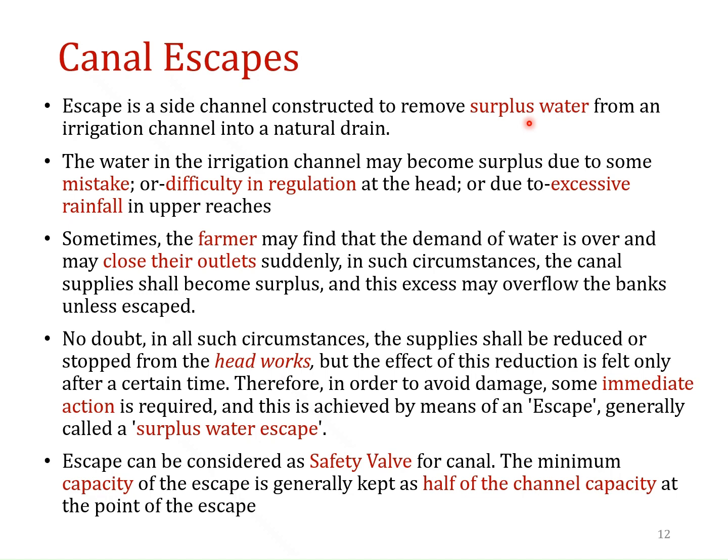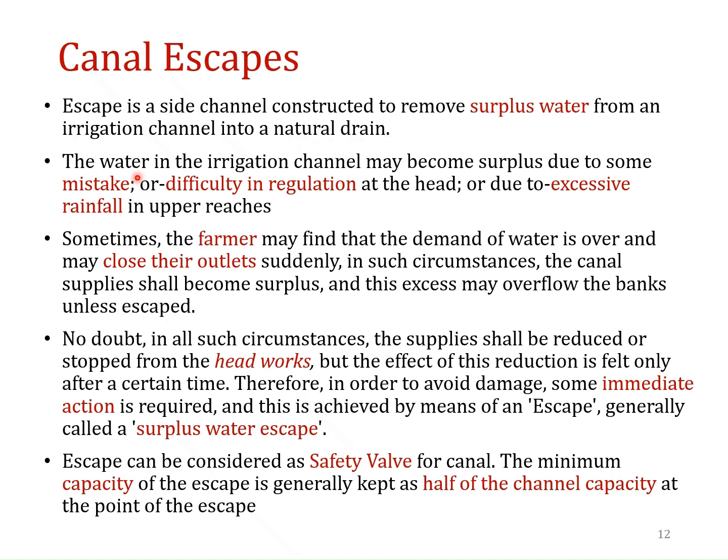Sometimes in the canal system, you have surplus water, maybe because of excessive rain or because of some mistake at the regulator. So excessive water comes into the canal system.